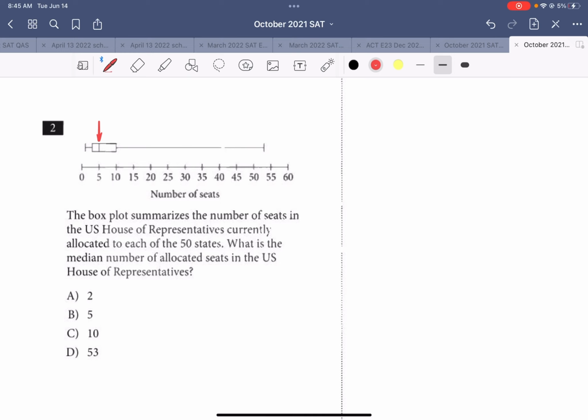Okay, so this one is the minimum, this one right here is the first quartile, right here is the third quartile, this is the median, and this one is the max. Okay, so just to read it from the graph, box and whisker plot. So the answer is B.